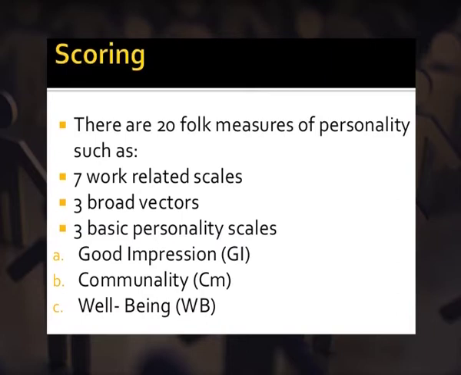Among these 20 scales, 3 are validity scales designed to assess test-taking attitudes. These 3 scales are designated as well-being, which is also written as WB, based on responses by a normal person asked to fake bad; good impression or GI, based on responses by a normal person asked to fake good; and communality CM, based on a frequency count of highly popular responses.